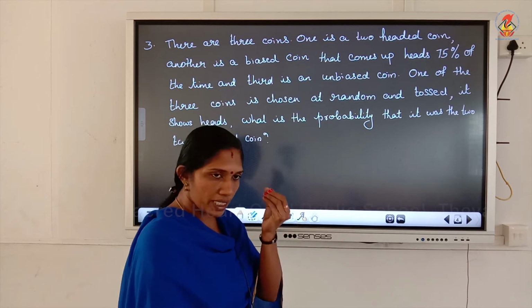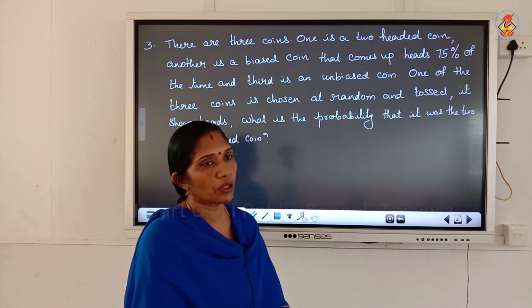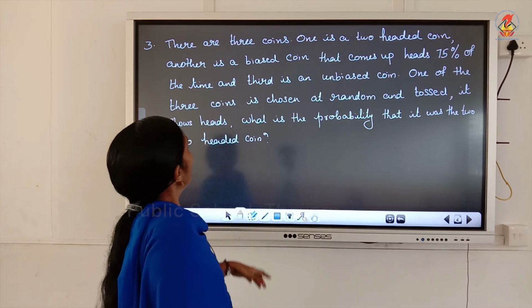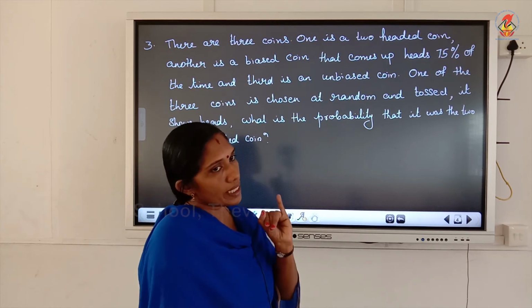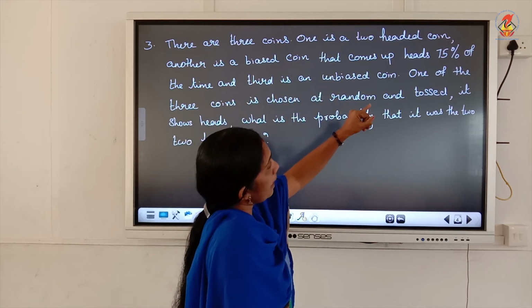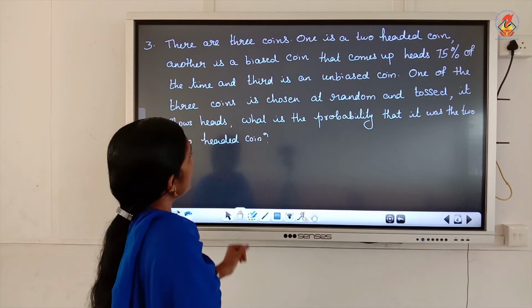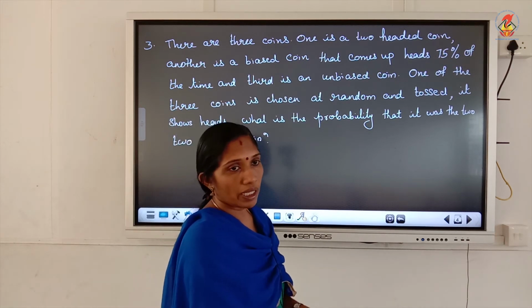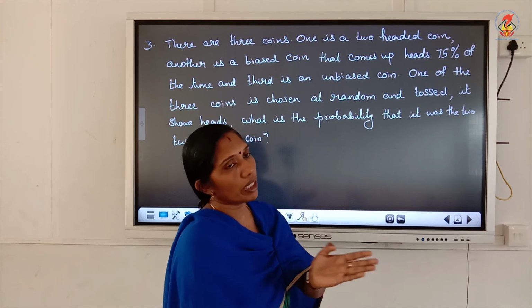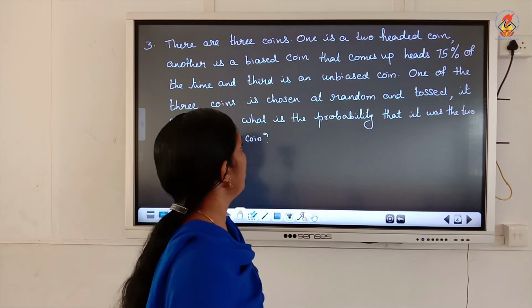So if it is a biased coin, that will be given in the question, what is the chance of getting head or tail. So the first coin is a two-headed coin, the second one is a biased coin, and it is given that it comes up heads 75% of the time. So heads occurring 75%. That is 3 by 4 is the probability of getting head and 1 by 4 for getting tail.